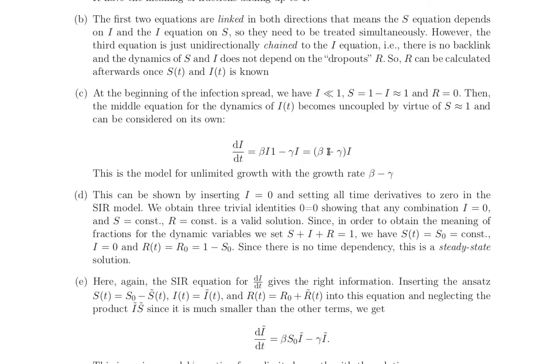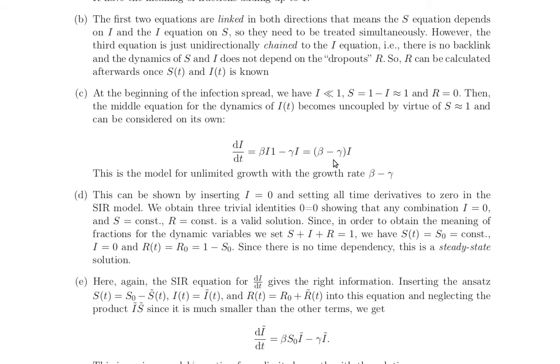So that means only if beta divided by gamma is greater than 1, then the growth rate here is positive. So we can also say it's gamma times R0 minus 1. So that also tells the crucial importance of the reproduction number R0.